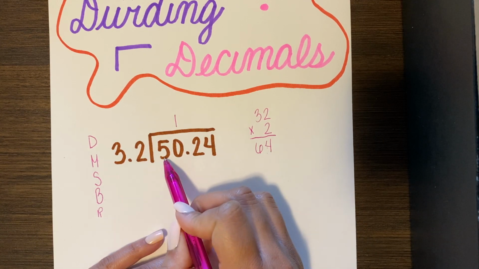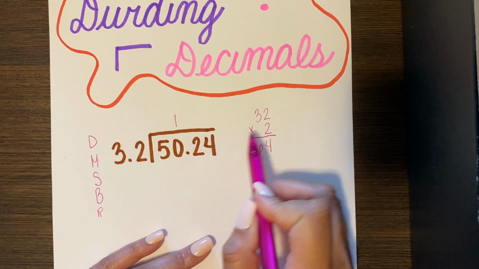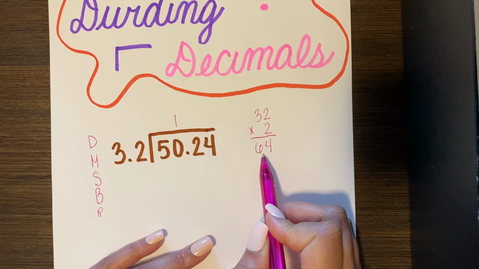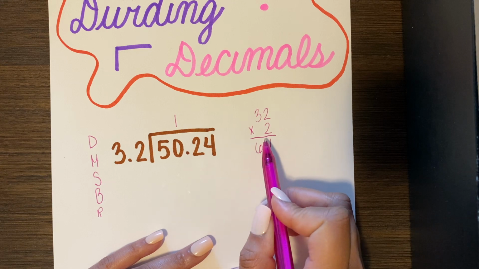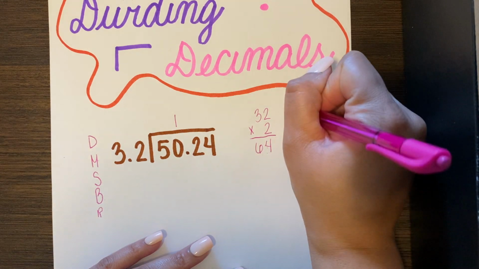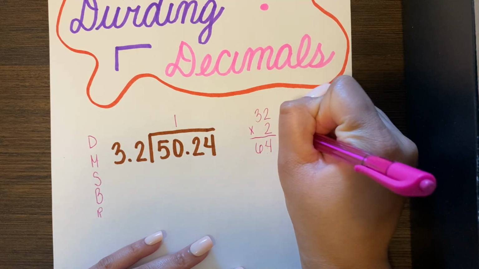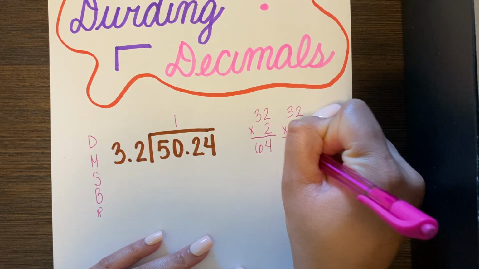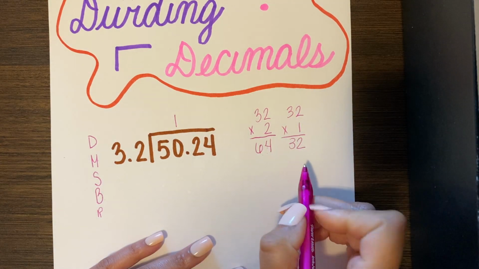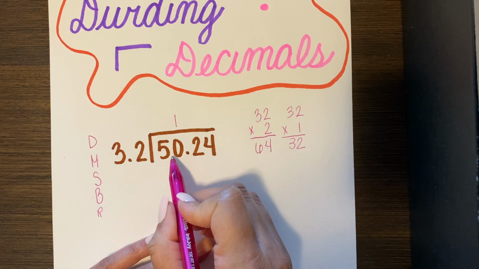So 32 cannot go into 50 2 times because that's too big. So we have to bring it down to just 1. 32 times 1 is just simply 32. That is as close as we can get to 50 without going over.